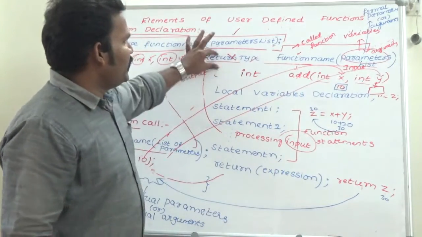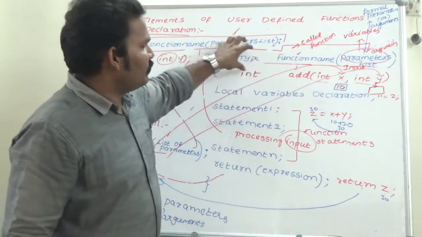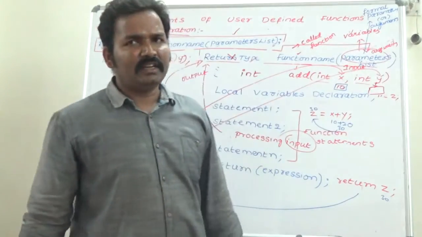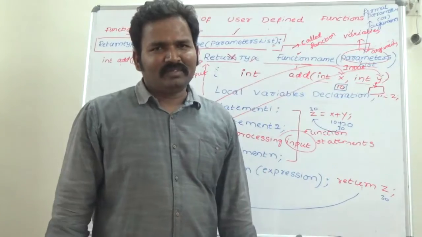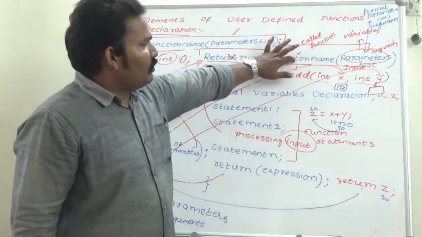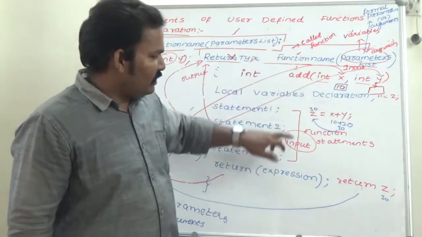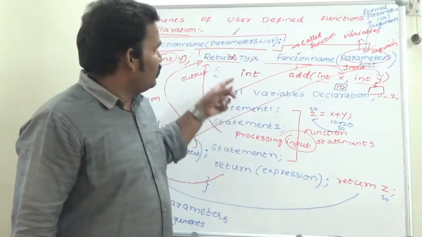The first 3 elements are grouped as function header. The first line is called the function header and the remaining 3 elements are grouped as function body. So the function returns a value.